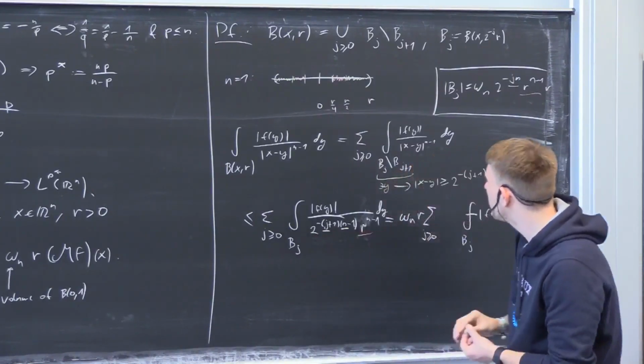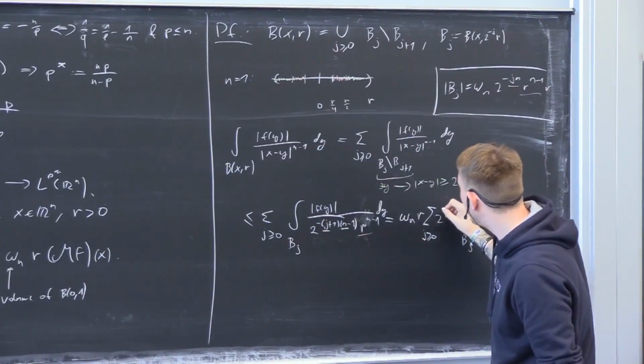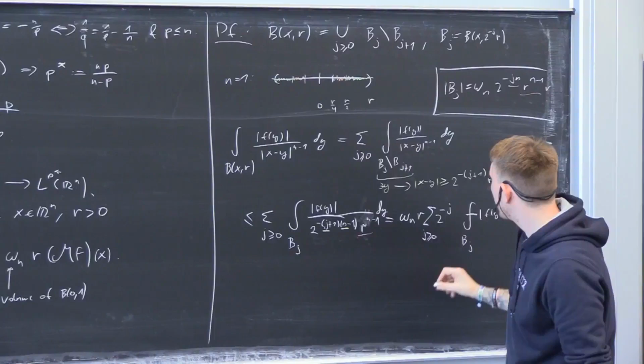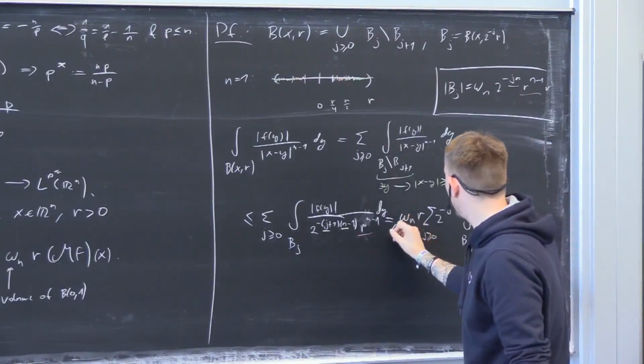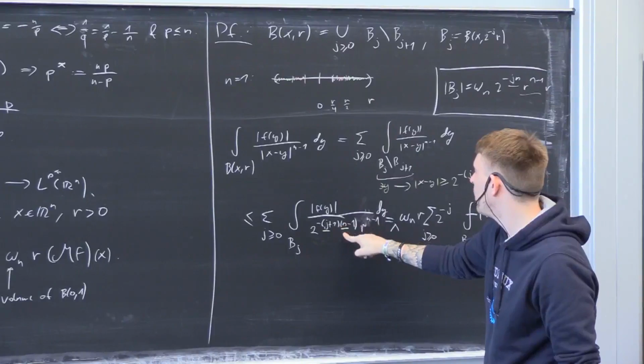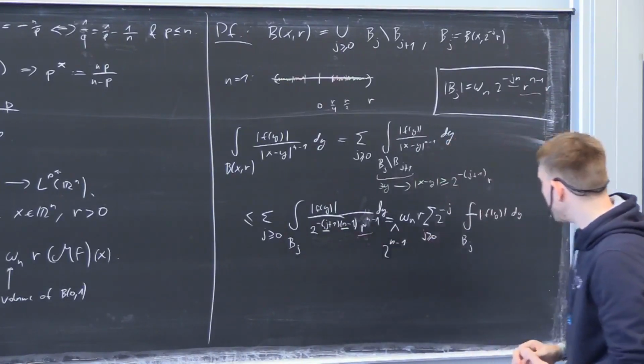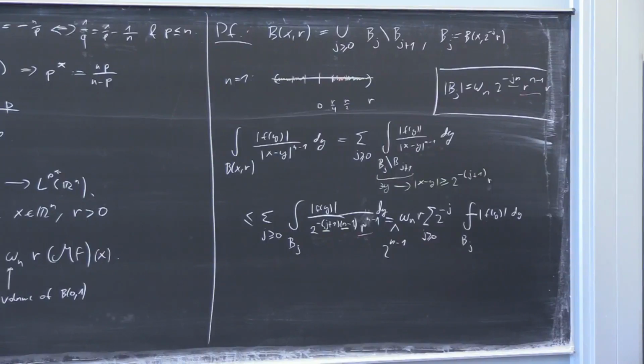Then I'm missing 2 to the minus j. And then I should get, maybe I write it here, this 2 to the n minus 1. Okay. Hope this is correct now, but looks good.